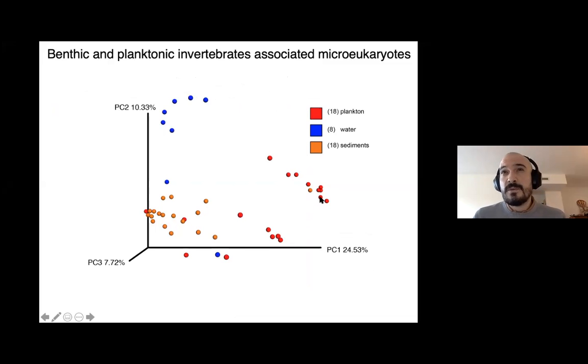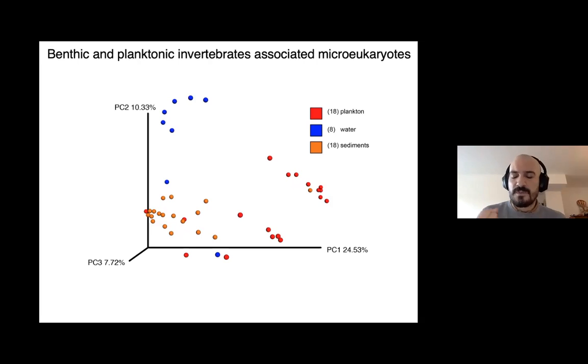And we presume that these differences are because what we are observing are communities that are being consumed. So we are observing food, because for meiofauna and zooplankton, we cannot process the skin, we cannot process different parts, we process the whole organism.